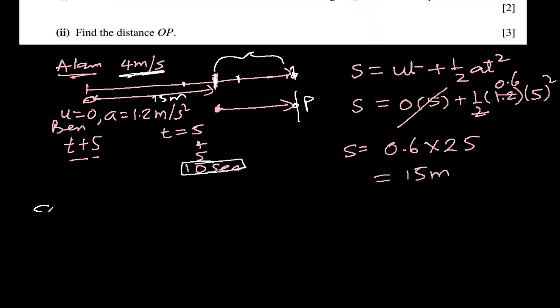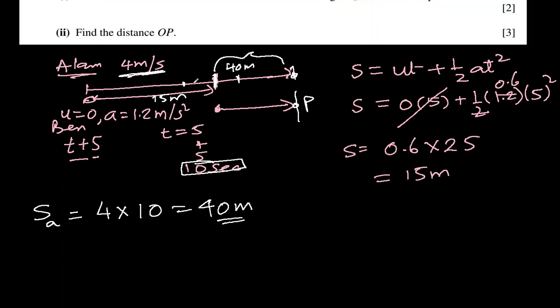So let's say S for Alan after 10 seconds will be speed times time. Simple, 40 meters. So Ben is at 15 meters, but Alan has reached the 40 meters point.